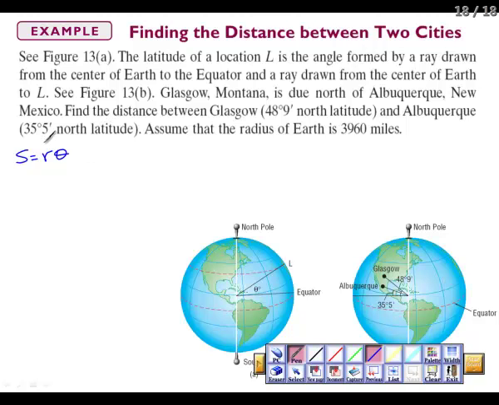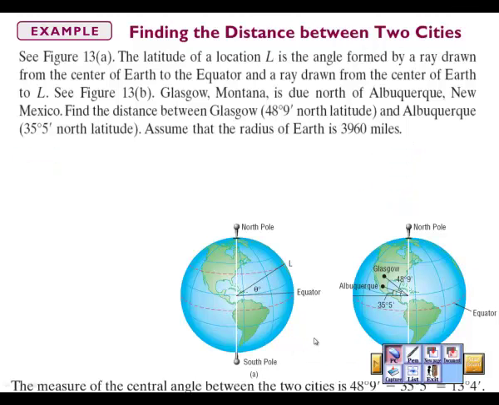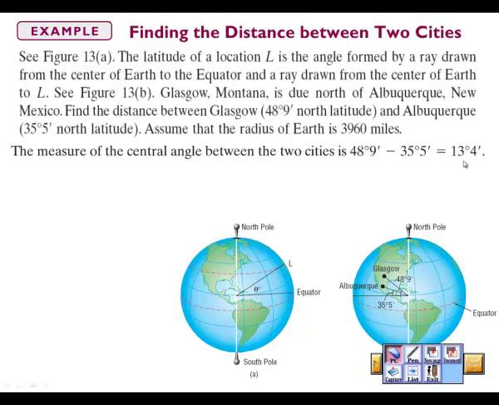Well, first thing we want to do is subtract 48 degrees 9 minutes and 35 degrees 5 minutes, and so we get 13 degrees 4 minutes. And so that's what we get here.